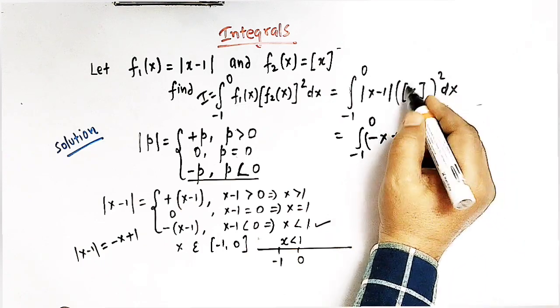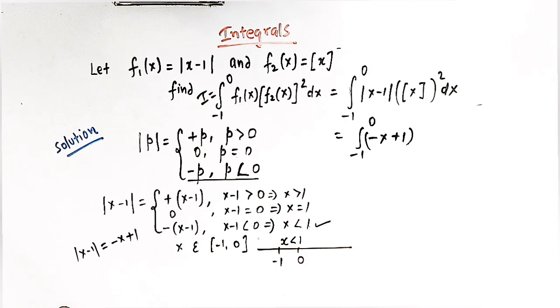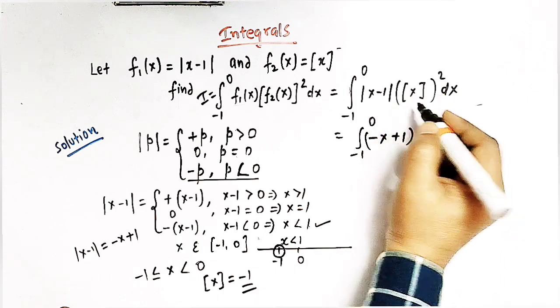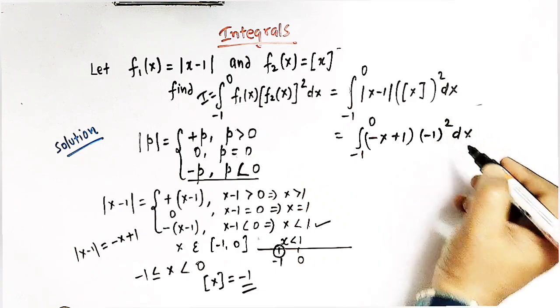And now let us see this function, that is greatest integer of x. Now here we have x greater than or equal to minus 1 but less than 0. So whenever x is greater than or equal to minus 1 but less than 0, then by definition of greatest integer function, the value of greatest integer of x is equal to minus 1, right? So here we'll replace greatest integer of x by minus 1, so we have minus 1 square and dx.